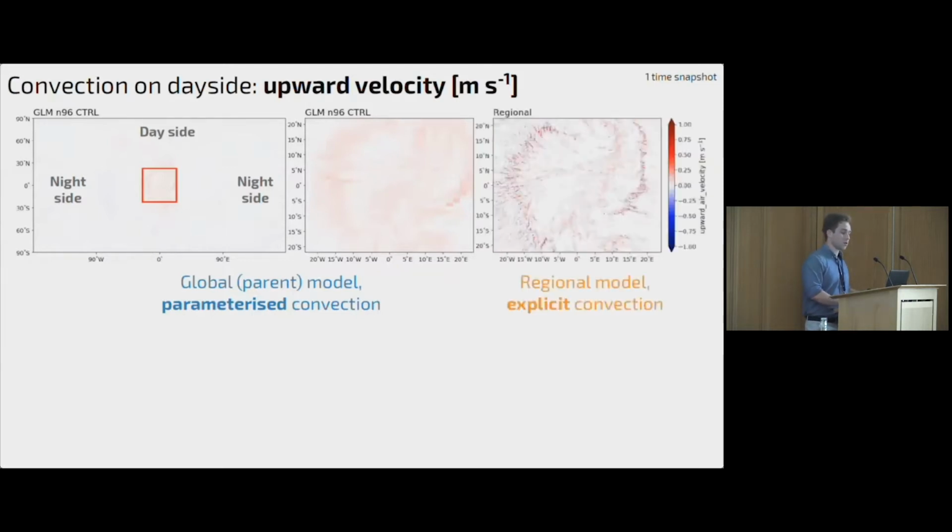But when we run this model at high resolution, you can start to see individual convective cells being resolved, and also some mesoscale circulations emerging on this planet. And also the magnitude of updrafts and downdrafts is much greater than in the global model.